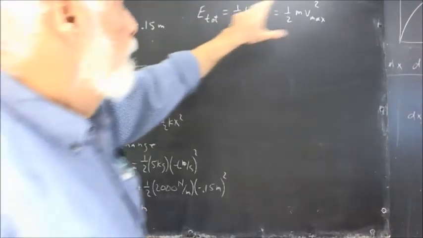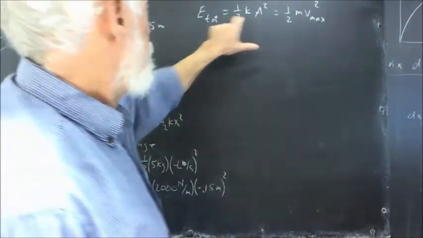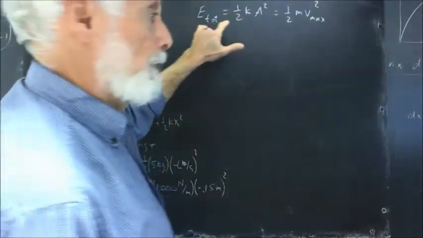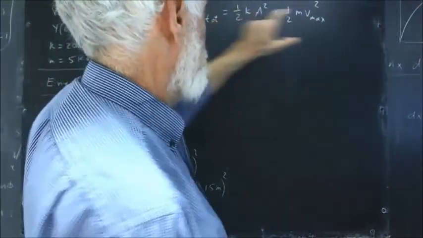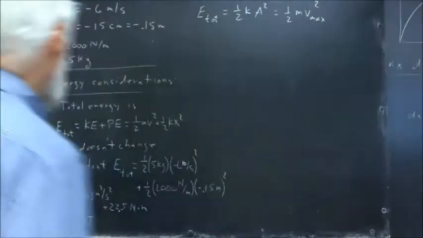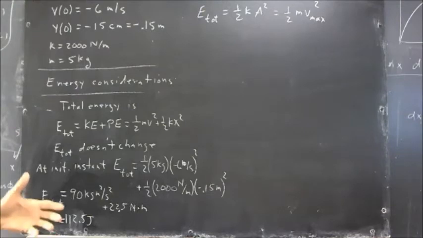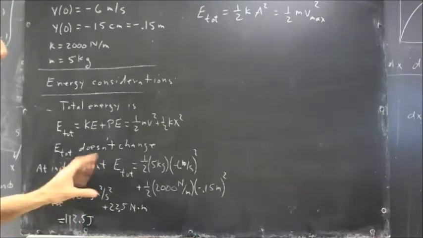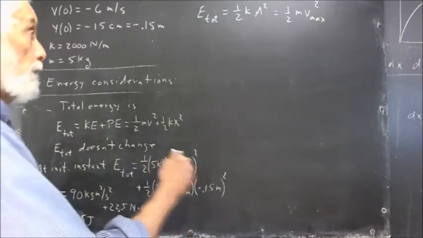Since we know K and we know M, we know the total energy, we could set this equal to this and solve for amplitude. We can set this equal to this and solve for maximum velocity, never having to get our hands dirty with the equation of motion, although we are going to need ultimately to do that because we have that initial phase angle to worry about, or that theta naught.